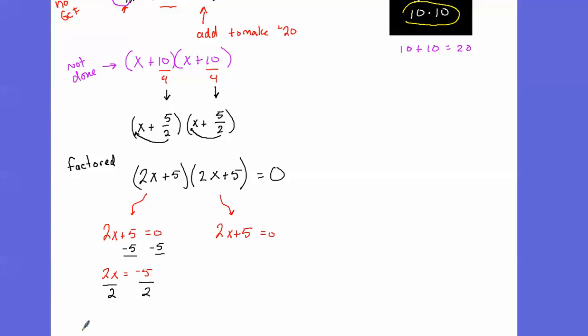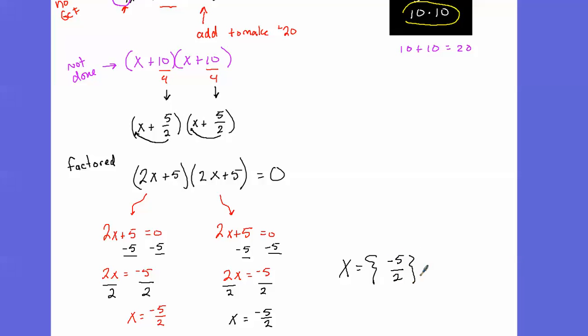I will be left with x equal to negative 5 over 2. Now, this is going to be the same exact problem, so I'll have the same exact answer. As you can see, in this case, my x value is simply negative 5 over 2. That is the solution for this quadratic equation.